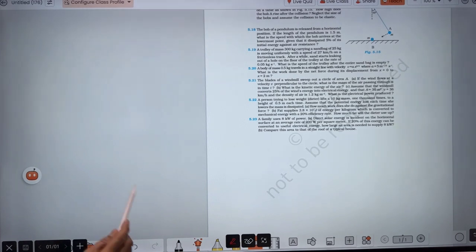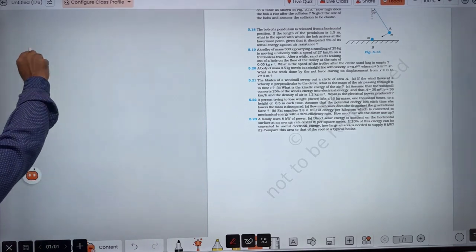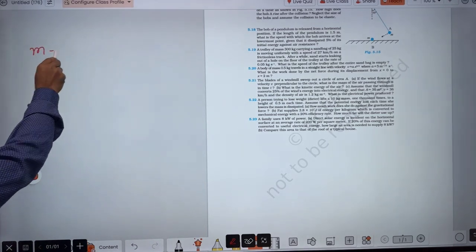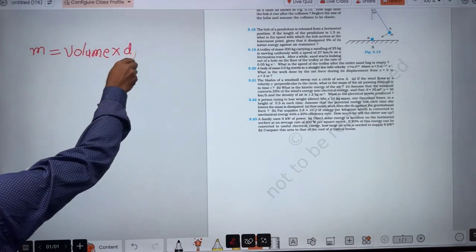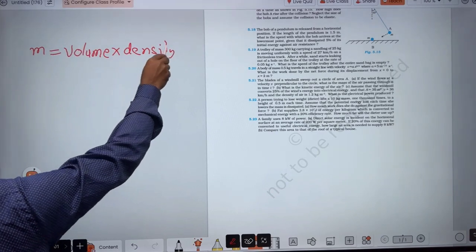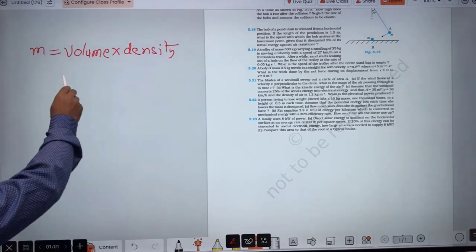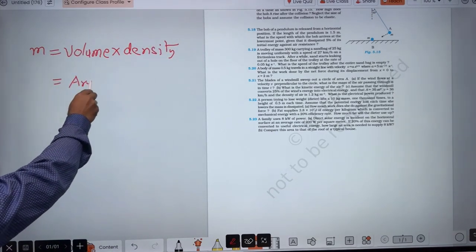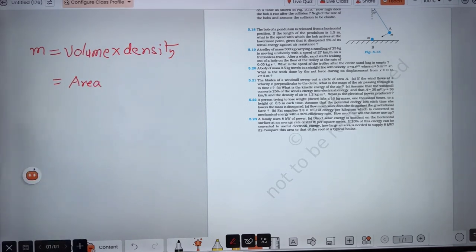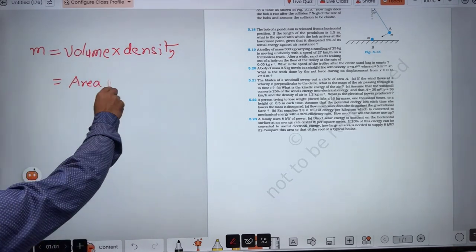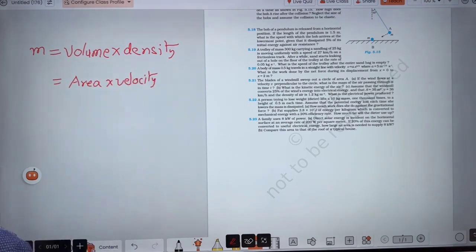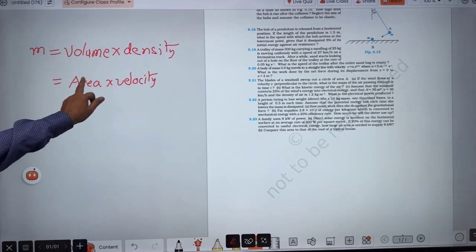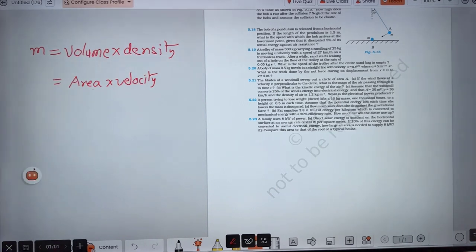All that we need, first thing is mass. To get mass, it is equal to volume into density, right? And volume will be area into length. So here if we take a velocity, area into velocity will be volume per second, into density.